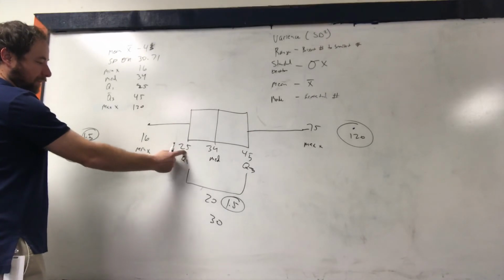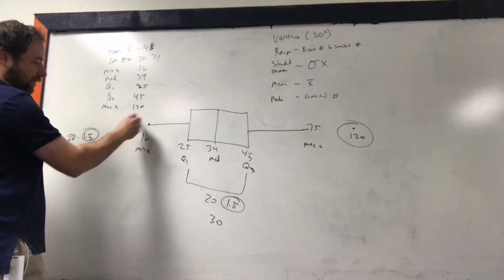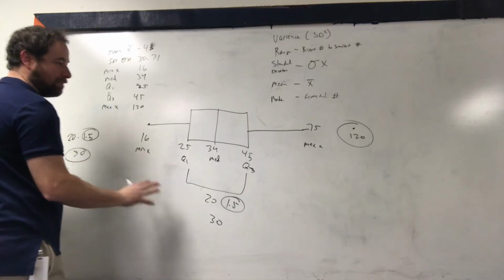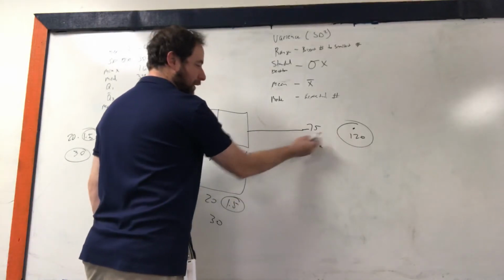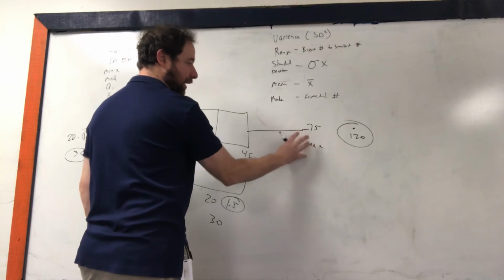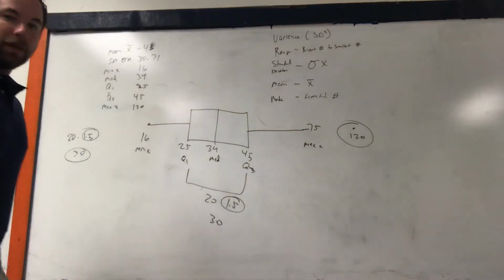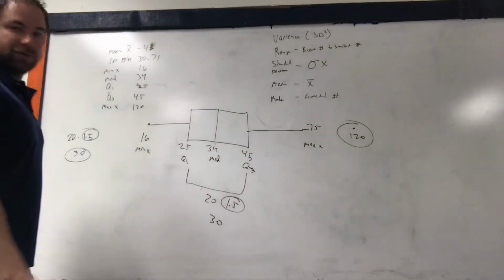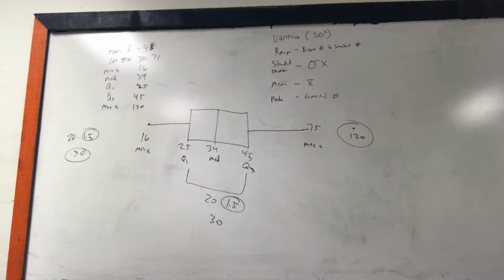Now, 30 below 25 is -5, so 16 is plenty in that range as our min x. We can keep that. If 120 had been under 75, we would have kept it as our max x. But you still label the 120, while 75 is our max x.